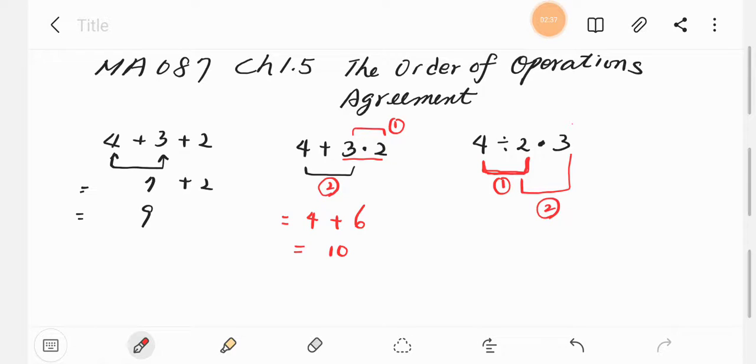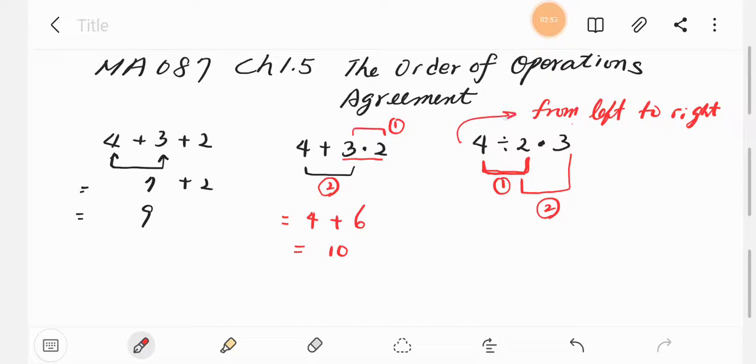So if an expression contains multiplication and division together, then what we do is go from left to right.